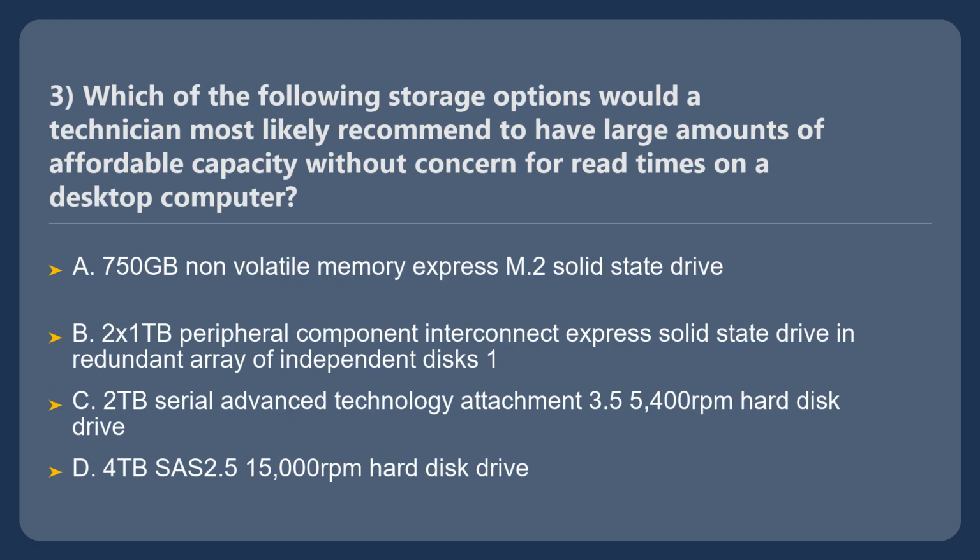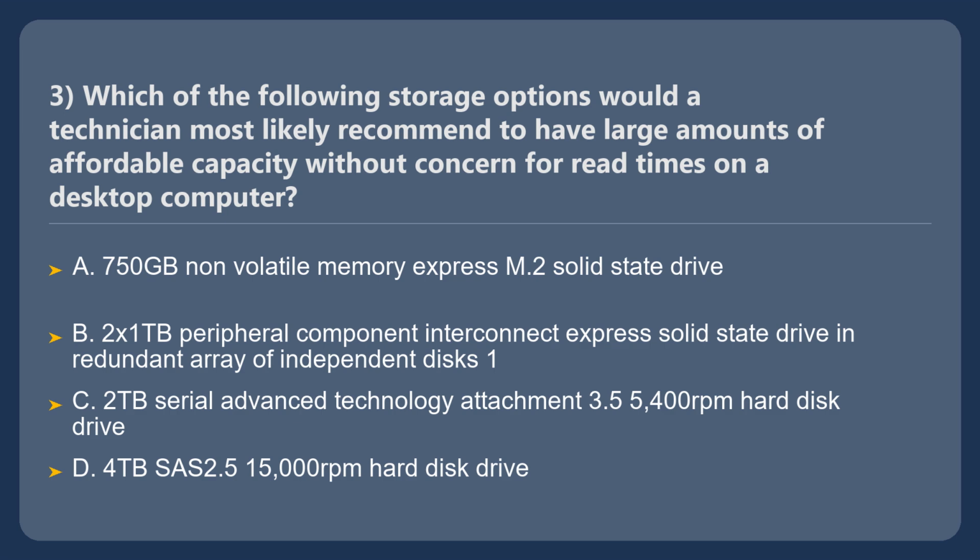Question 3. Which of the following storage options would a technician most likely recommend to have large amounts of affordable capacity without concern for read times on a desktop computer? Option A. 750 GB non-volatile memory express M.2 solid-state drive. Option B. 2x1 TB peripheral component interconnect express solid-state drive in redundant array of independent disks 1. Option C. 2 TB serial advanced technology attachment 3.5, 5400 RPM hard disk drive.